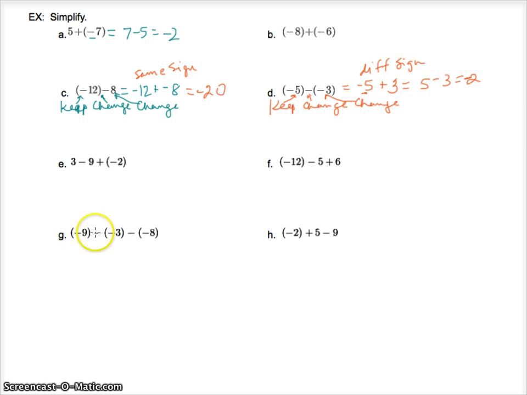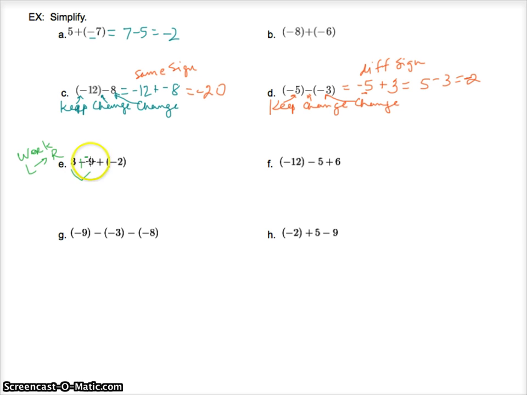One more thing I want to look at is a couple of problems where we have to add consecutive negative numbers. Now, the rules don't really change. We just really need to make sure we work left to right. So first, let's look at 3 minus 9. What I'm going to do is add negative 9.